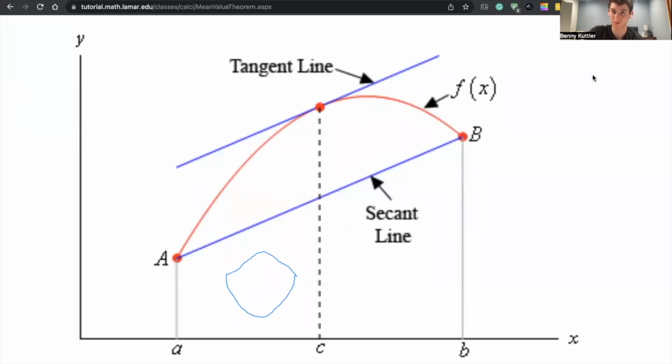So this is the slope of the line between these 2 endpoints. And because the graph comes up and comes back down, at this point up here with the tangent line, there has to be some point where the derivative is equal to this slope. And that's just because if you go up, you have to come back down to get from between these 2 points.